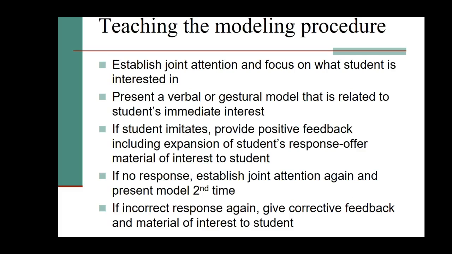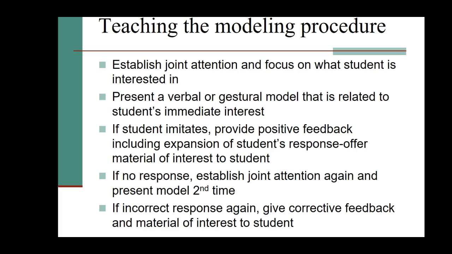So, thinking about modeling, if we're going to model it, we have to first get the attention of a student. When we have somebody's attention, we know that they're looking at us, making eye contact, and that the student is interested. They're smiling, watching our every move.